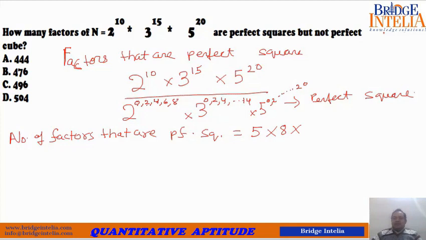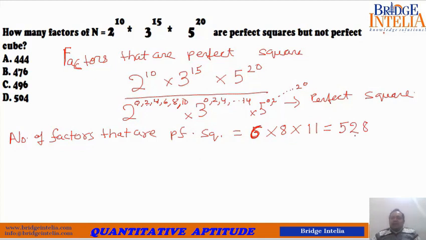Similarly, here if you count, 11 numbers are there. I think here we have missed a power. Here 10 is also possible. The maximum value is 10, so this won't be 5, this would be 6. So 6 into 8, 48. 48 into 11 is 480 plus 48, so 528 perfect squares.